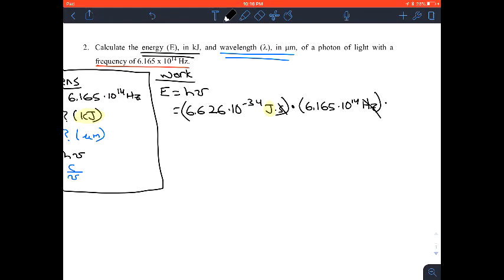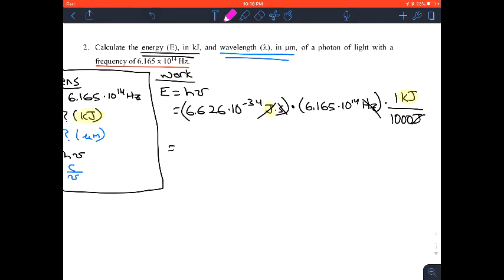So we're going to multiply this by 1 kilojoule equals 10 to the 3rd joules, or 1,000 joules. Joules now cancels out, so we're left with kilojoules. That's what we're looking for. So now we're good to go. Pop it into our calculator. 6.626 times 10 to the negative 34th.